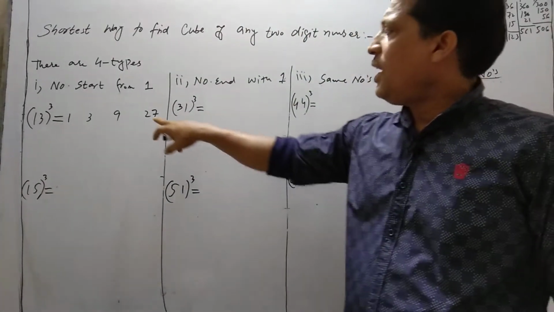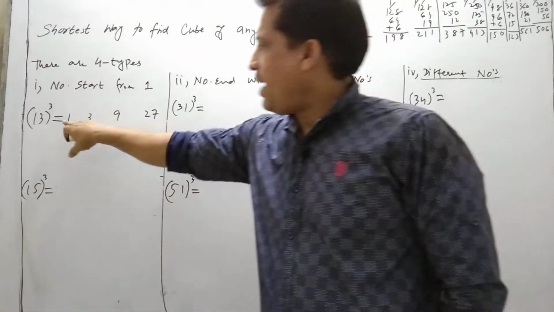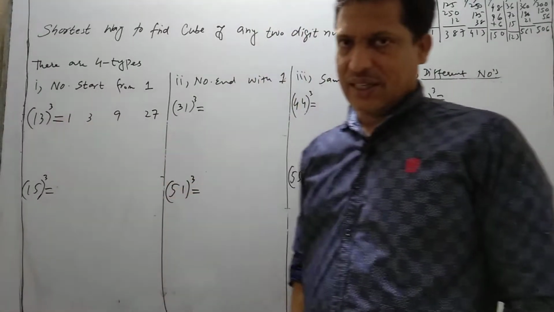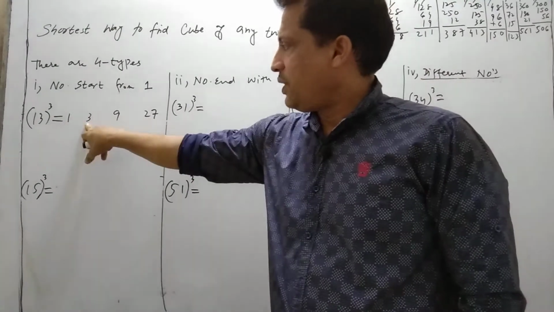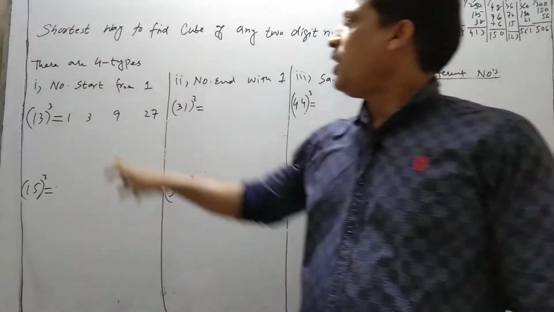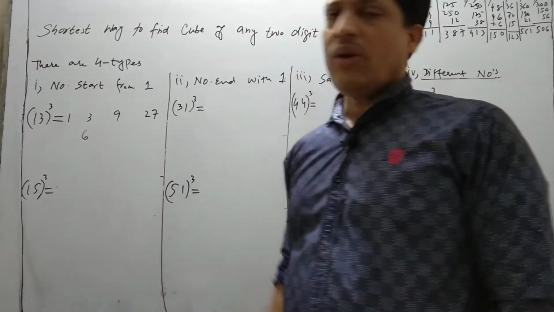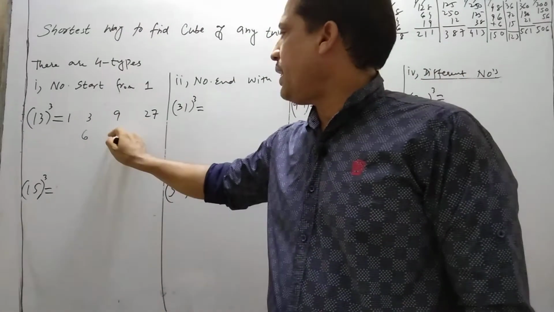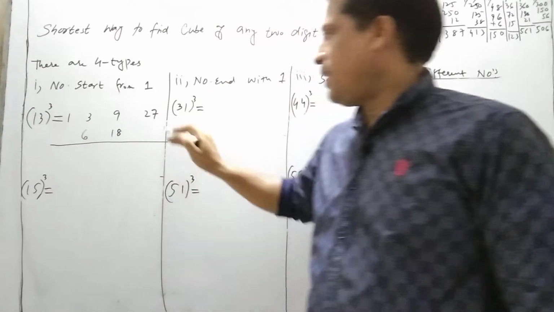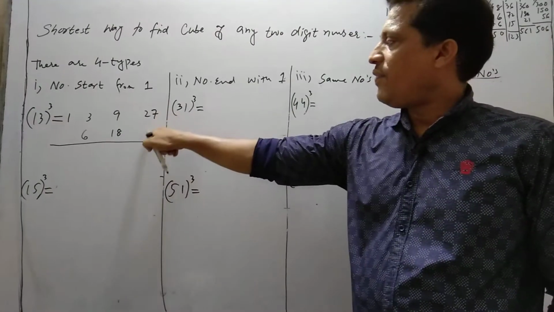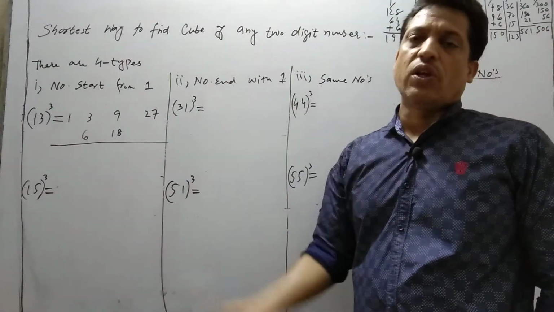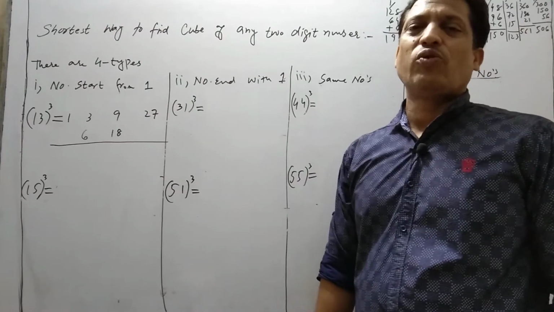Now leave the first digit and last digit. Take the middle two numbers and double them. Double of 3 is 6, double of 9 is 18. Add them. This is 27, there is no number, it means 0. So 27 plus 0 is 27.